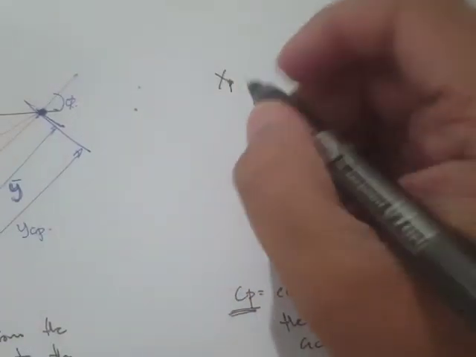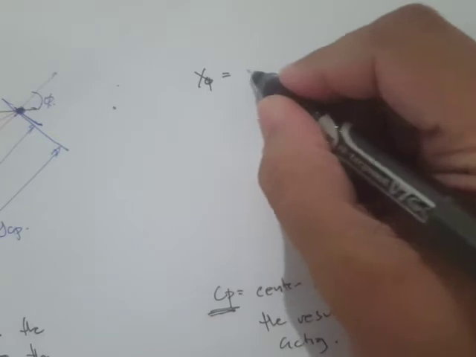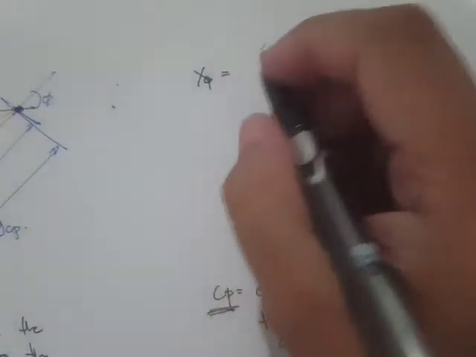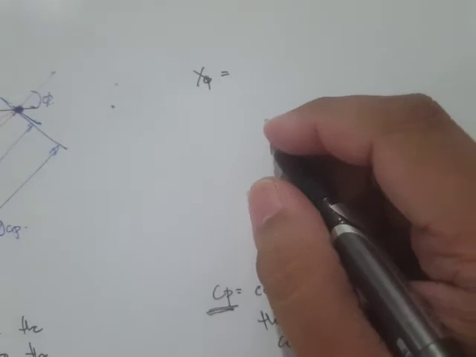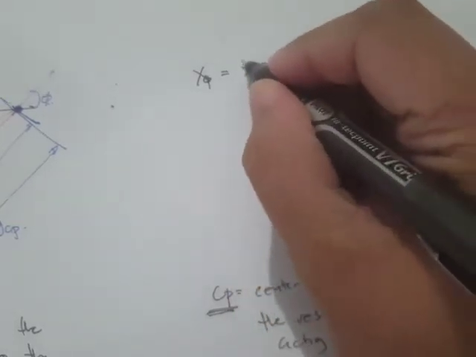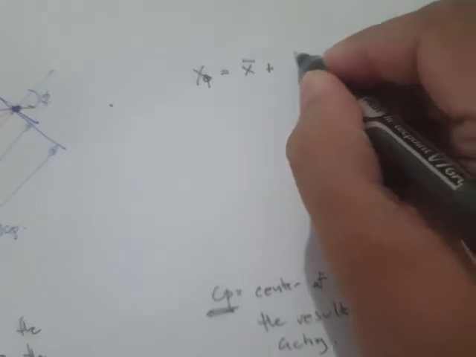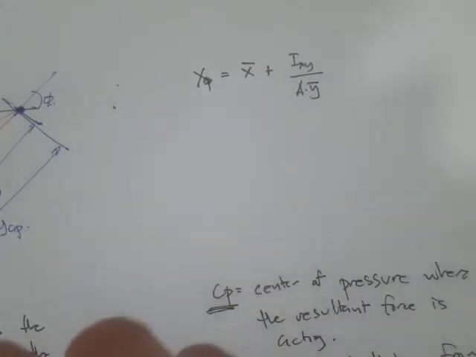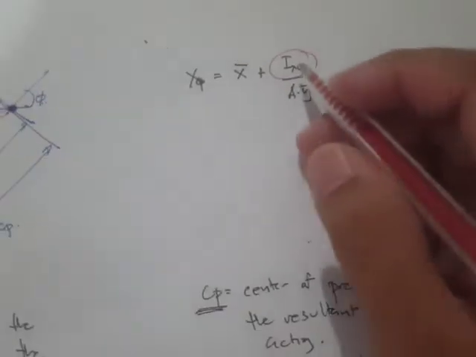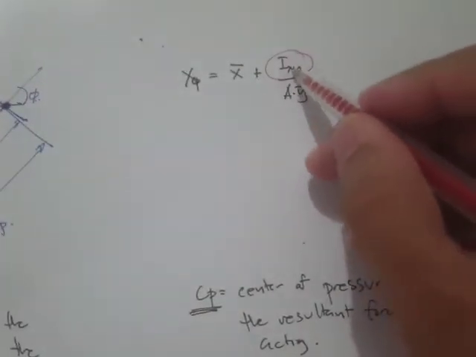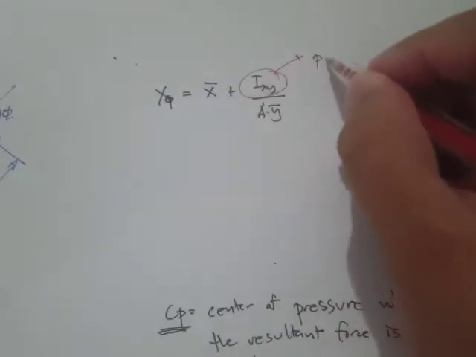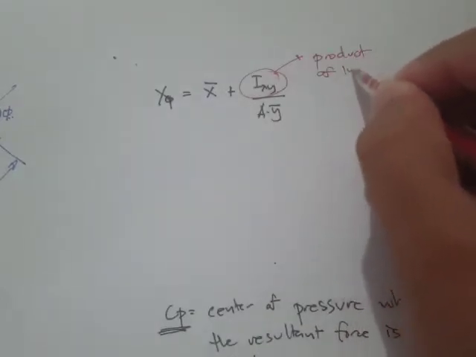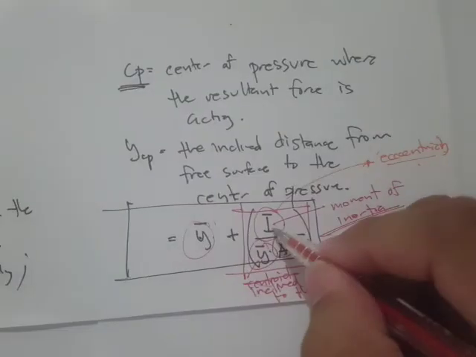Now sometimes you are asked to find x sub CP, which is simply the x distance to the center of pressure. That's x bar plus I sub XY all over A times Y bar. You might notice this is XY, meaning that this is a product of inertia, which is different from this I right here.